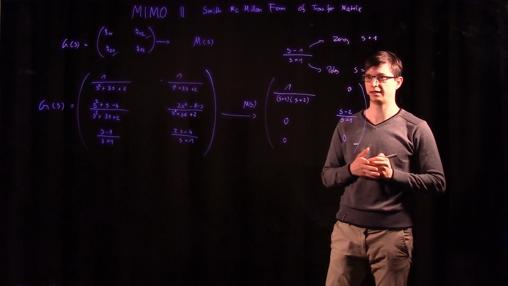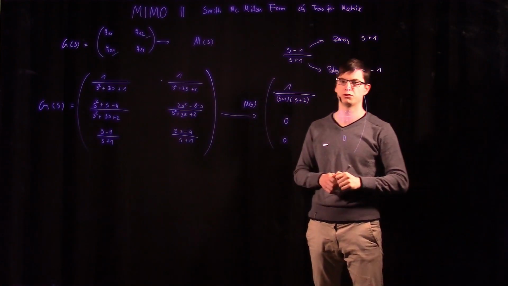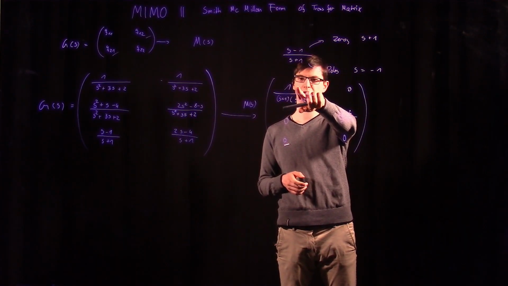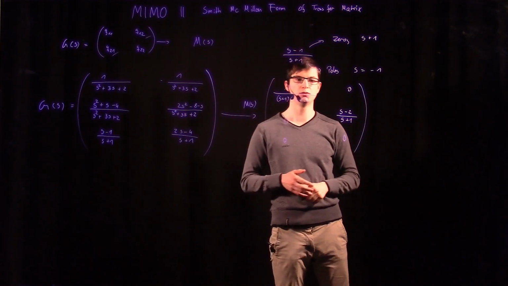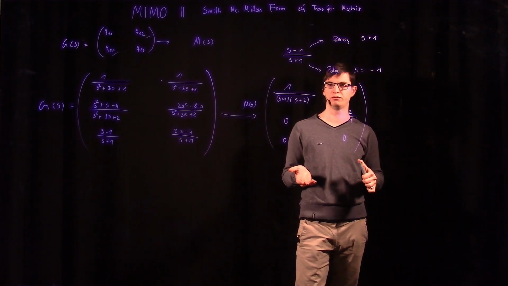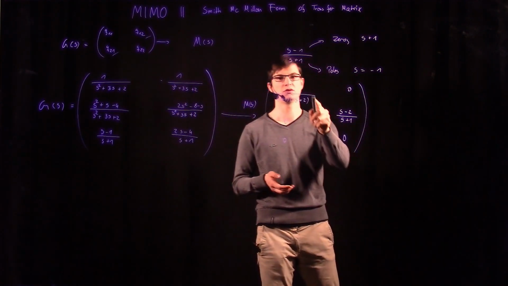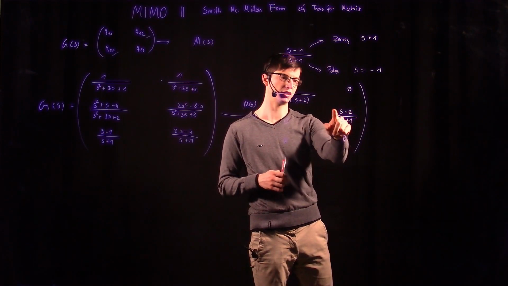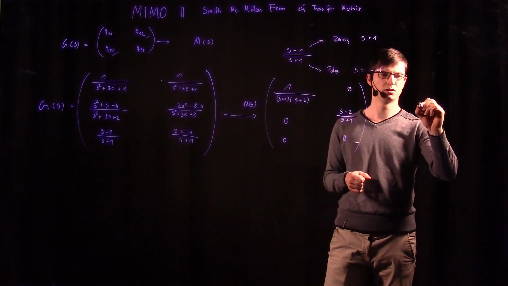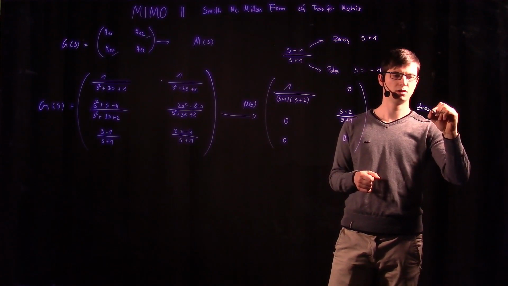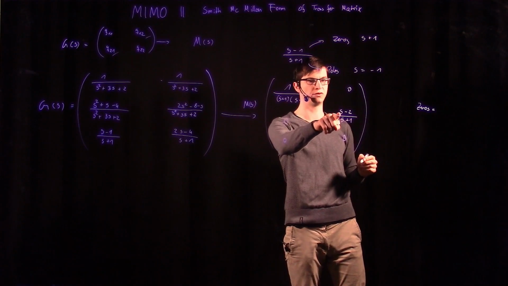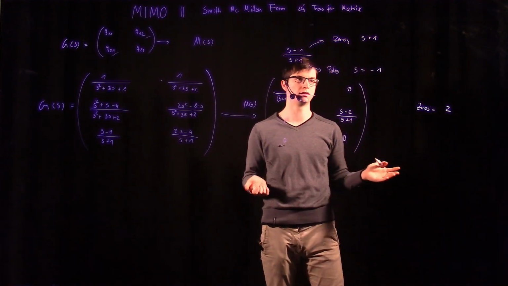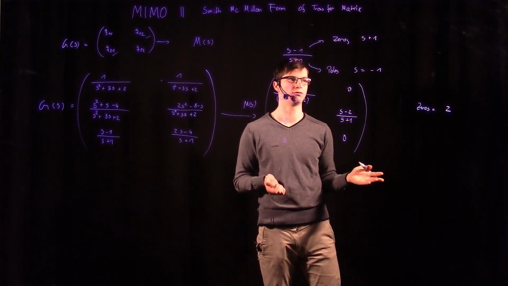And now we can analyze this system for zeros and poles. The first input will not reveal anything about zeros, because this part will never be 0. The second part, there might be a zero, and it might be 0 when s is plus 2. And that's it. More zeros won't be there for the whole system.